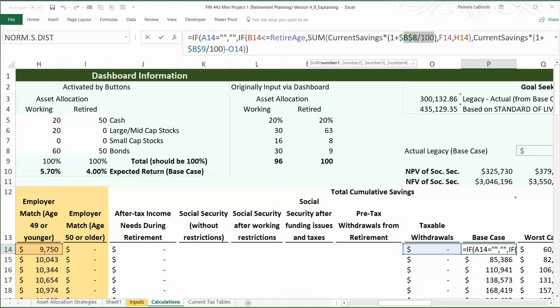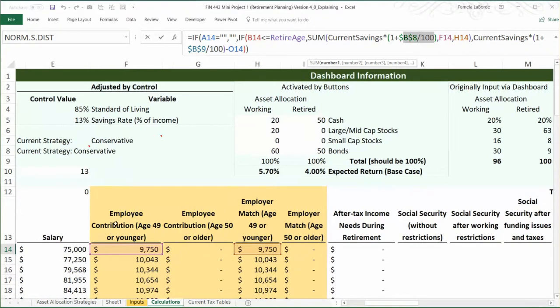Again, I'm just converting that to the proper format because I entered my rates of returns as whole numbers, not percentages. And then also add to it F14, which is your employee contribution, and H14, which is your employer contribution.